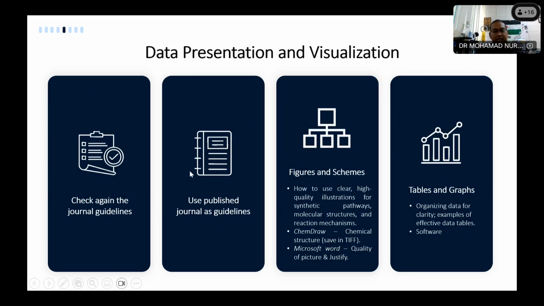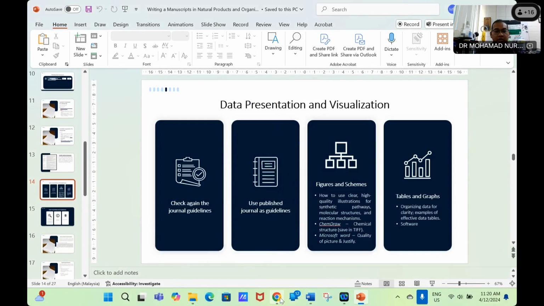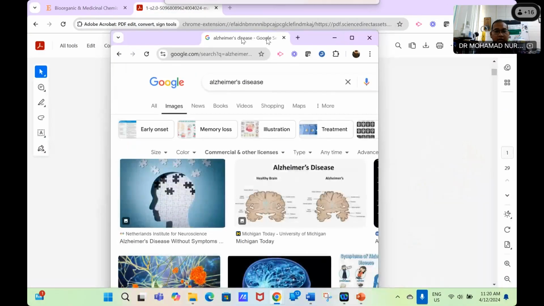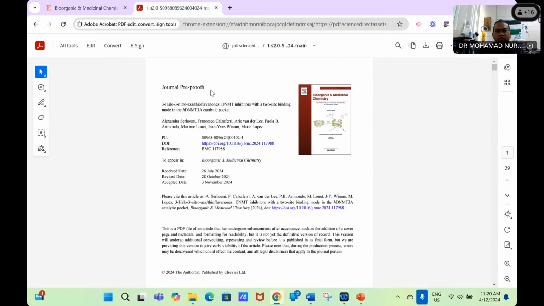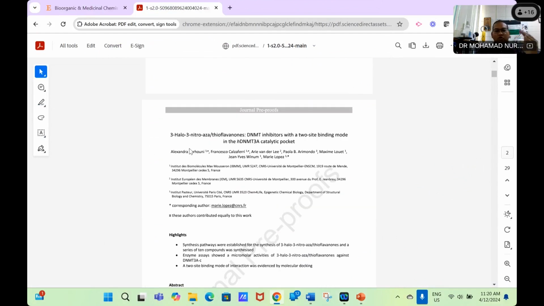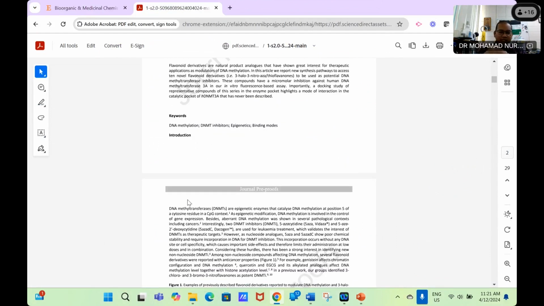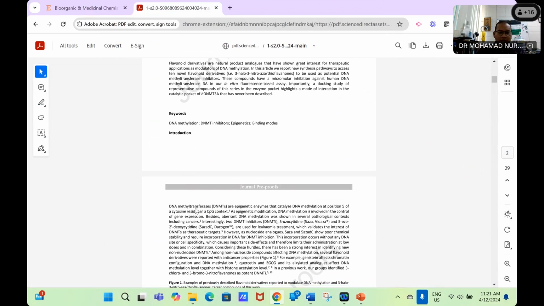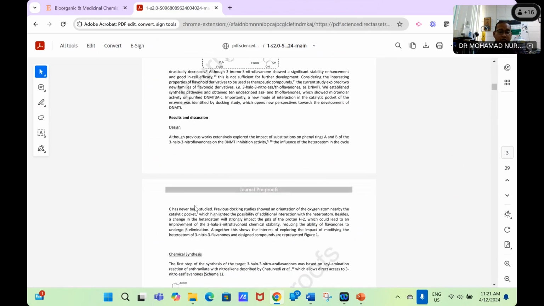As I said, the easiest way is to use the pre-proof as your guideline. So you know this is the title, this is the list of authors, the affiliations, and what else? The highlights, abstract, and keywords. Just follow this major arrangement, so you can follow what they need.